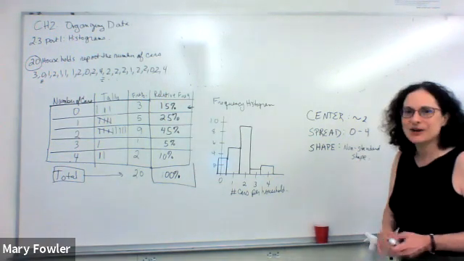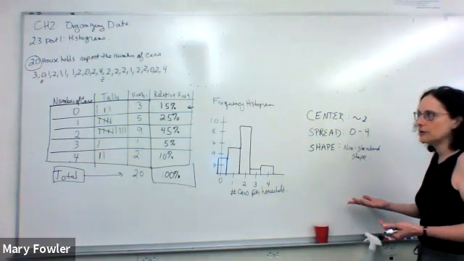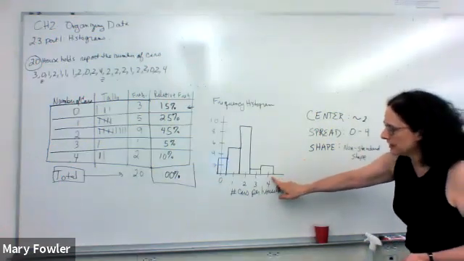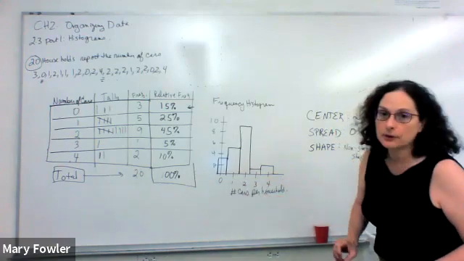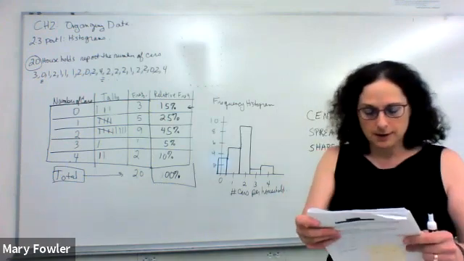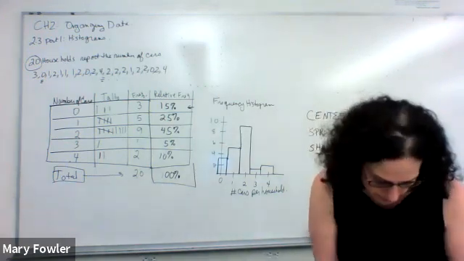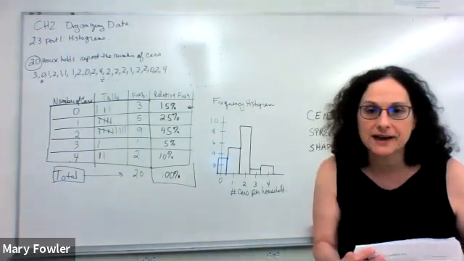All right. So this is your single valued frequency, single valued histogram, because each of these classes included only one number. So we're going to move on to histograms for continuous data.